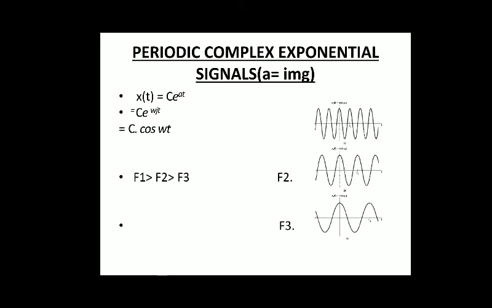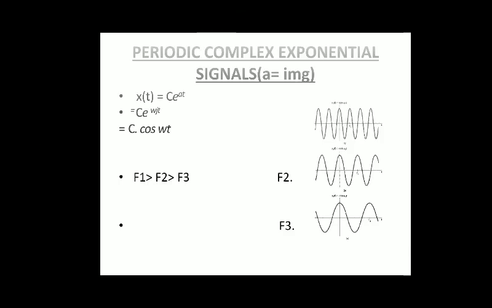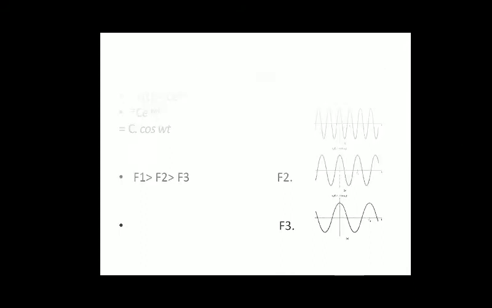Omega is equal to 2 pi f, so omega is proportional to f. For different values of f, we are seeing different outputs. The more the frequency is, the less the time period will be, as you can see from the graph.